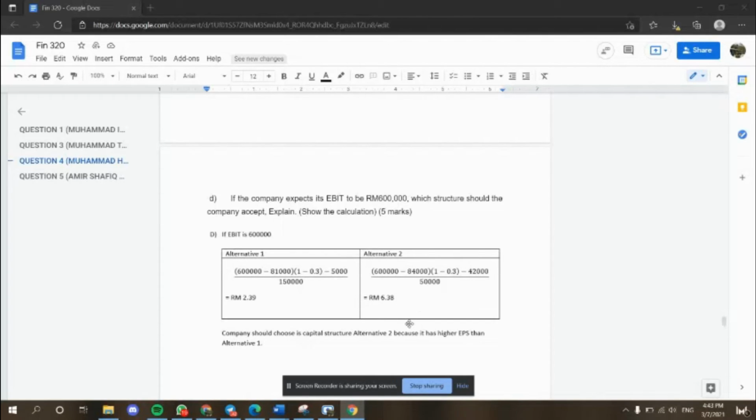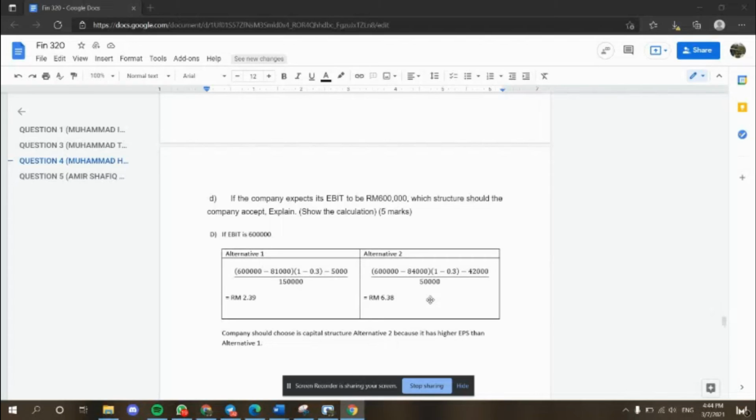If EBIT is 600,000, using the EPS formula again, enter the new EBIT value for both alternatives to get the new value for EPS, which is RM 2.39 for alternative 1, and for alternative 2 is RM 6.38.